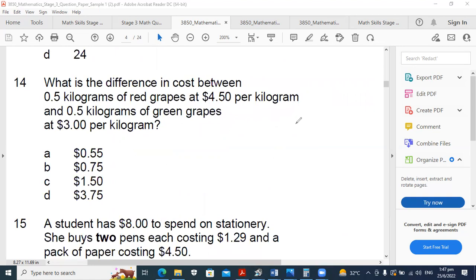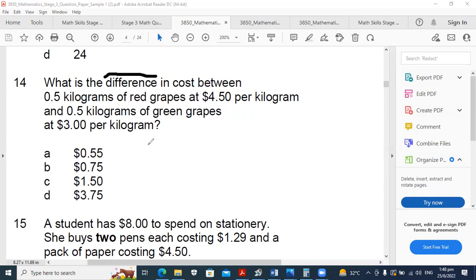14. What's the difference in cost between 0.5 kilogram of red grapes at... So basically this is a unit price for the grape, but you want 0.5 kilogram alone.